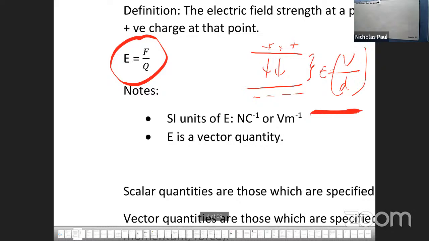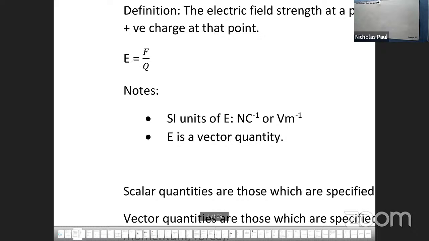V is the potential difference and D is the separation between them. All right, nice.